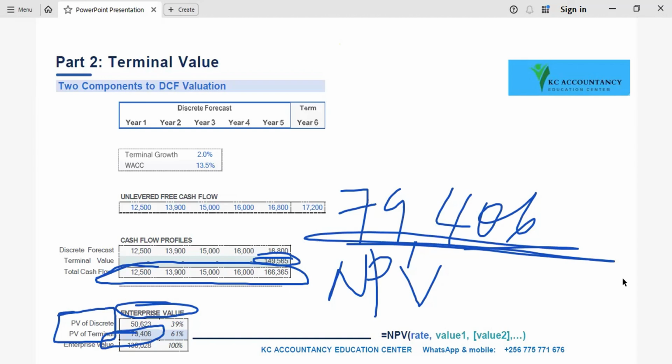Because the enterprise value is for all, it is the value of the business, including all the equity providers and the debt providers. We use the enterprise value to go back to the equity value. But you've seen how we've gotten the enterprise value: by looking at the present value of the discrete forecasts and the present value of the terminal value. When you sum them up, you get what we call the enterprise value.